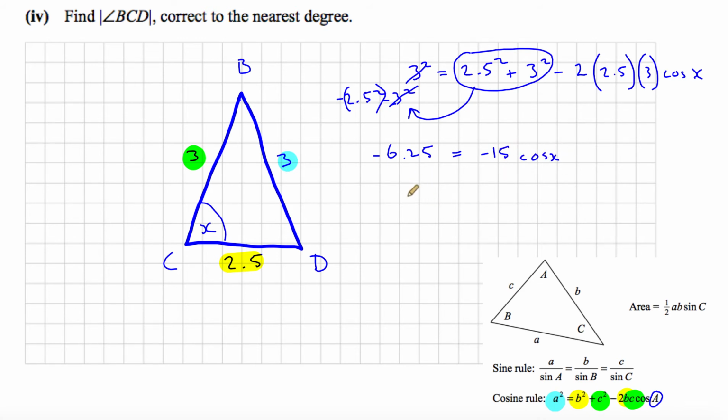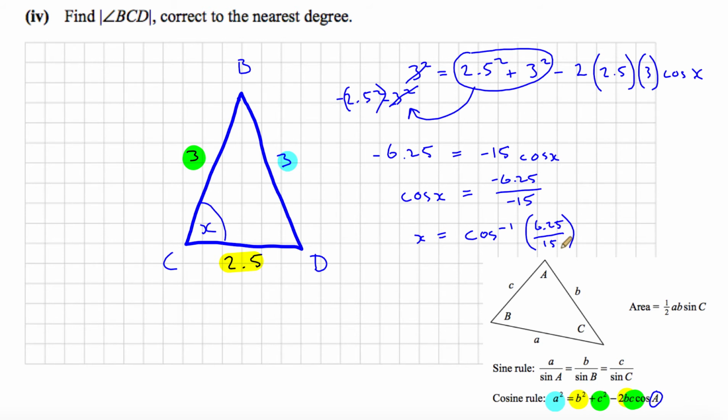So dividing both sides by minus 15, the cos of X is minus 6.25 divided by minus 15. So X will be the inverse cos. Minus over minus is plus, so it's shift cos of 6.25 over 15.